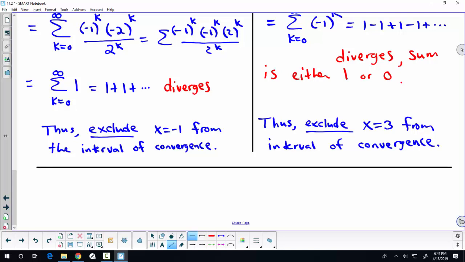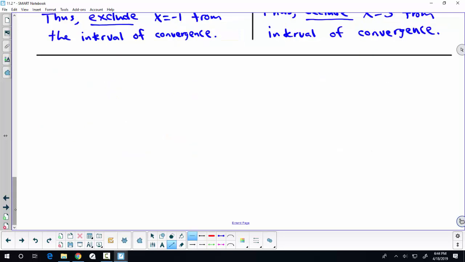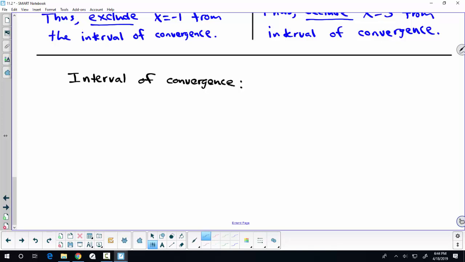Series convergence, like -1 and 3, not including the endpoints. So the interval of convergence.